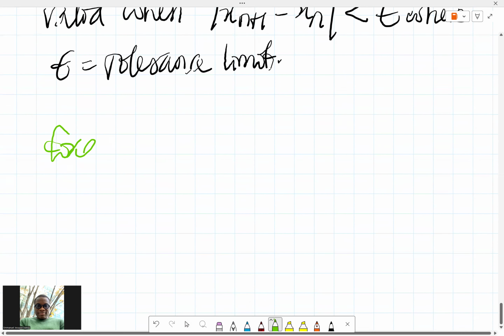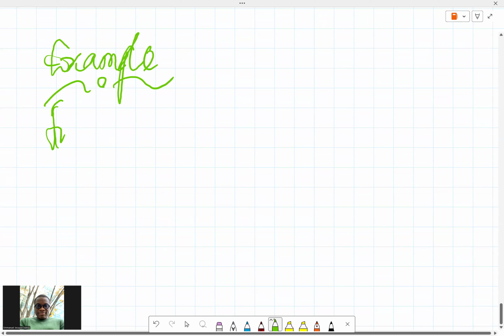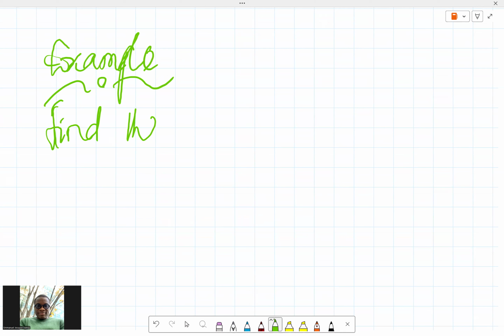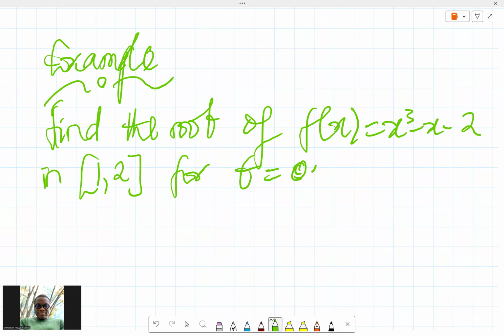So, example: find the root of f of x equals x cubed minus x minus 2 in the interval 1, 2 for epsilon equals 0.01. That's 10 raised to minus 2. So that's what we need to do.